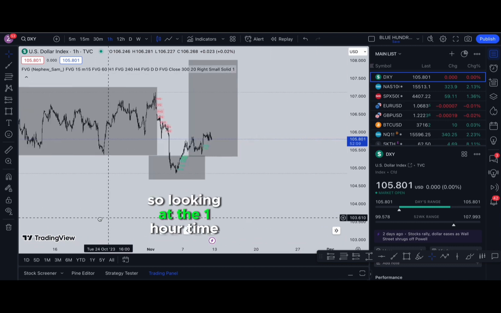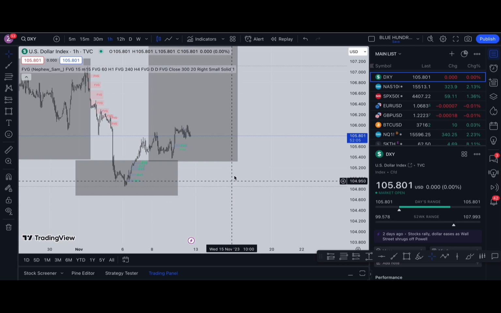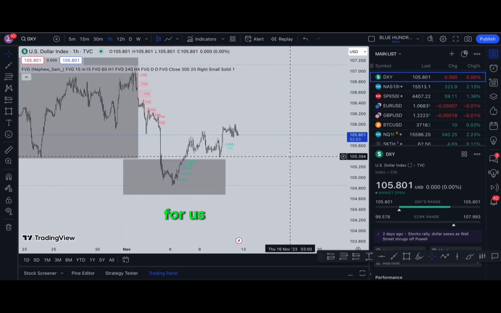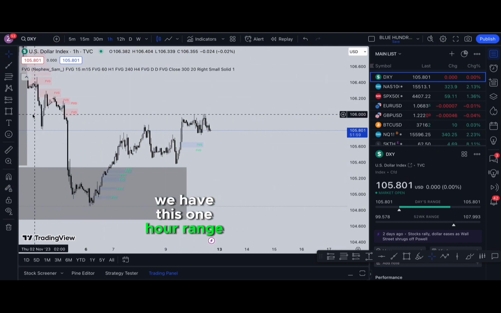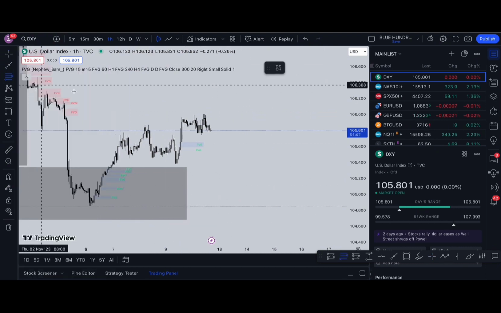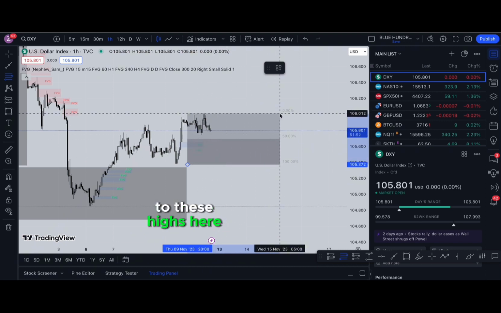So looking at the 1 hour time frame here, let me go ahead and erase that for us. Now, on the 1 hour, we have this 1 hour range we are dealing with. We're going from this low to these highs here.